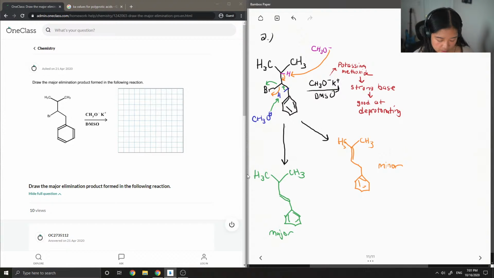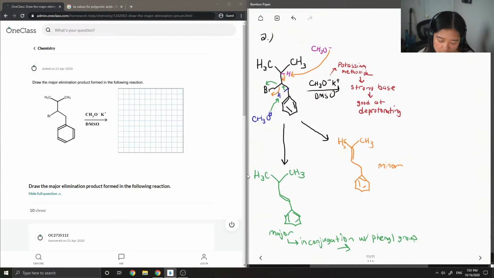So the first one is our major product, and this is because this double bond is in conjugation with the phenyl group that's there, so with that benzene ring.